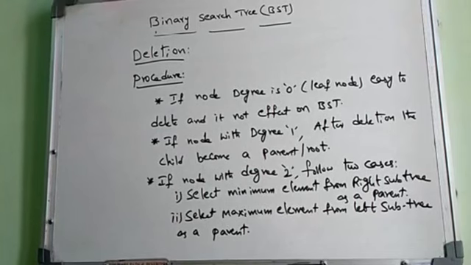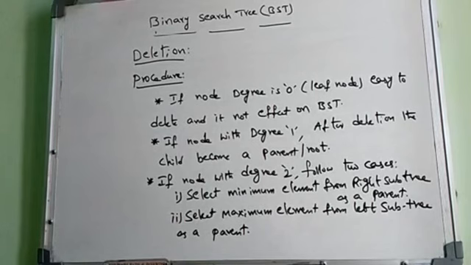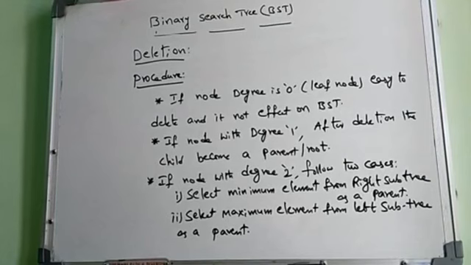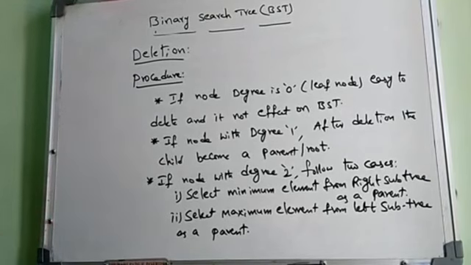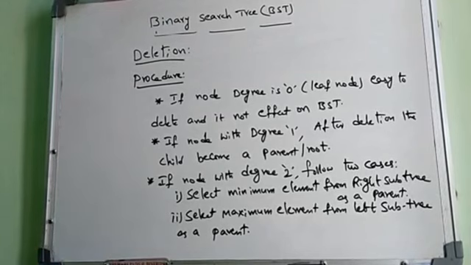So now let us take another operation of the binary search tree, deletion. We have different variations for the deletion of nodes based upon the degree. The first case: if the node has degree 0, you know very well how to calculate the degree of a node.